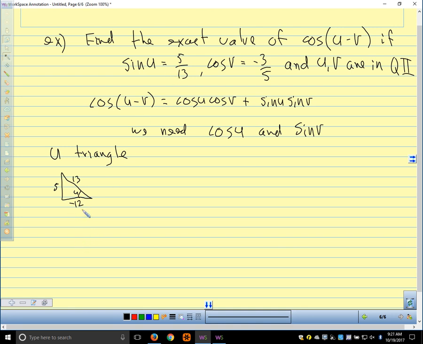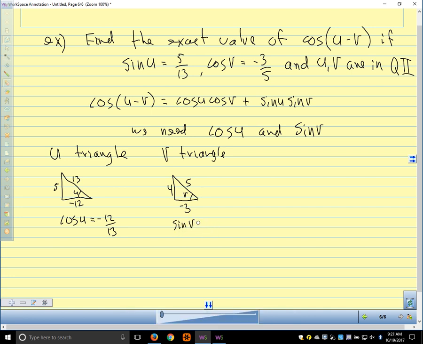So let's see, we need cosine u is negative 12/13. Negative because we're in the second quadrant, that's good. And then our v triangle. We're in the second quadrant, so there's my v triangle. And it says the cosine of v is negative 3/5. This side? 4. And we get the sine of v is 4/5.